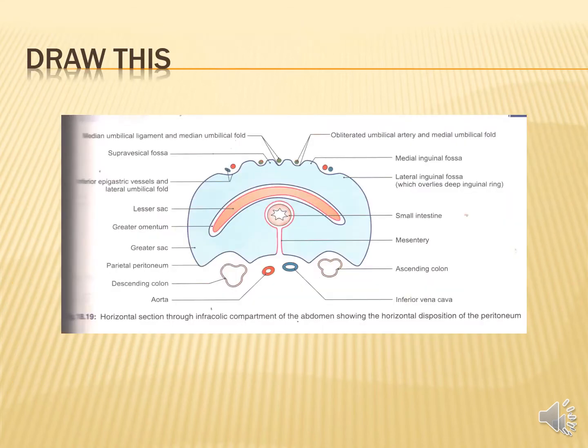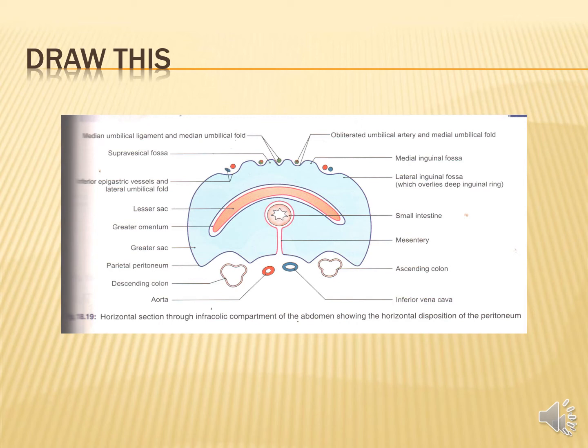You have to practice this diagram, which is depicting the horizontal section through the infraumbilical compartment of abdomen, showing the various folds and fossae. Here you can visualize median umbilical ligament, raising the median umbilical fold.